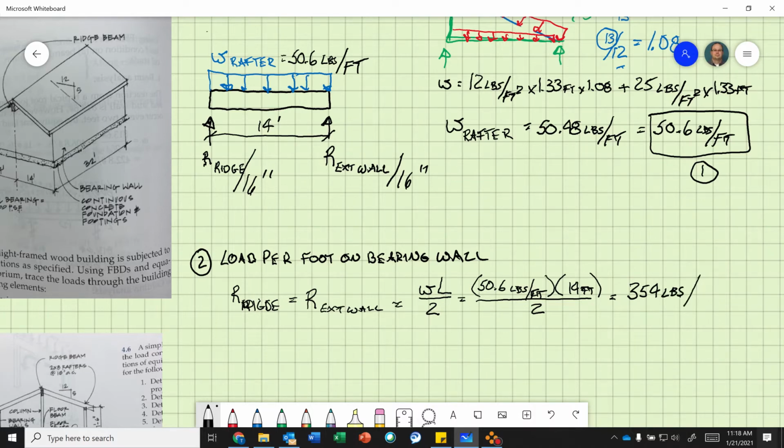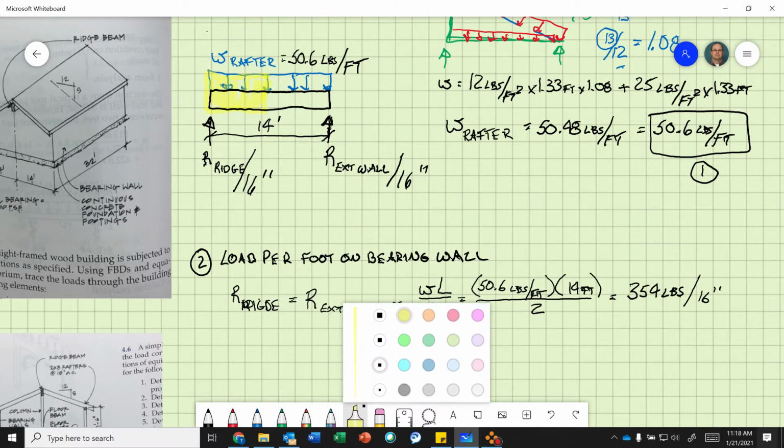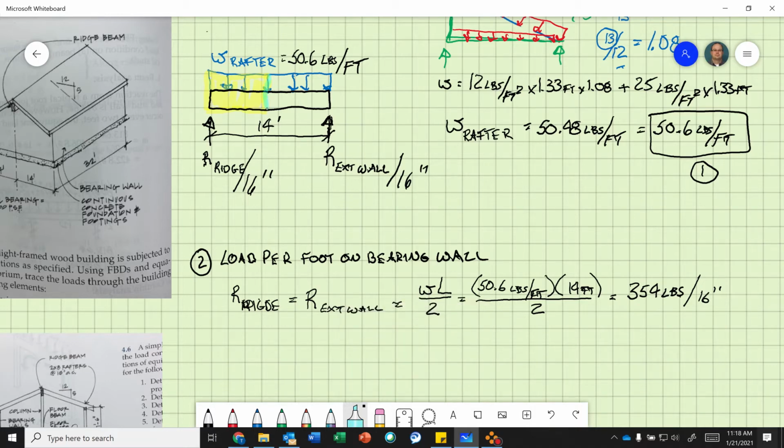So that is a point load because this is a vector, a point load vector. This is not a line load. Every 16 inches, there's a point load. So another way to look at this, because this is uniform, would you agree half of the load is supported by the ridge, and the other half of the load is supported by the exterior wall?